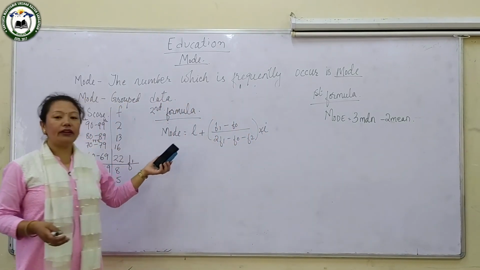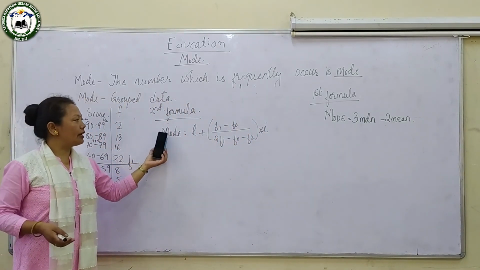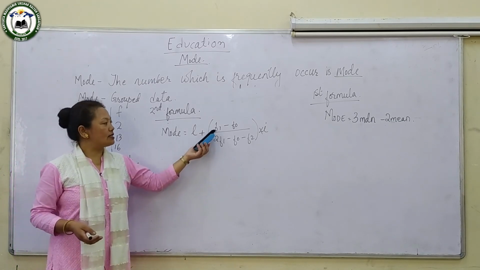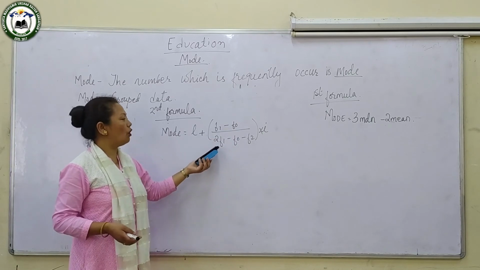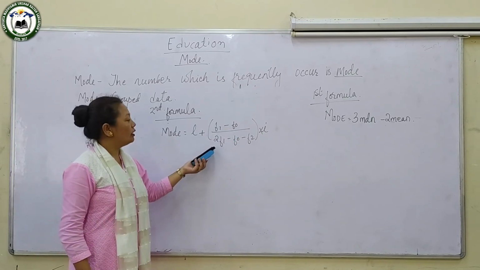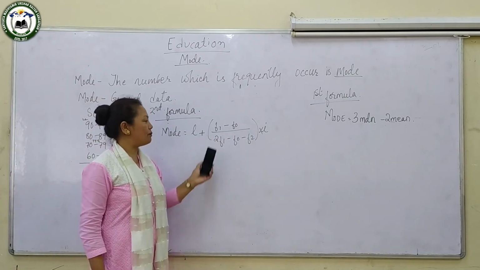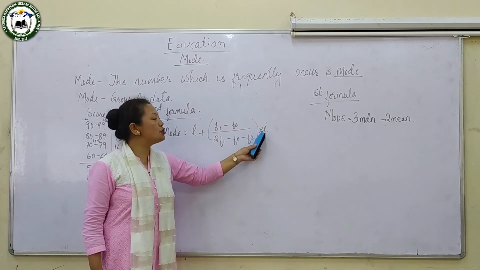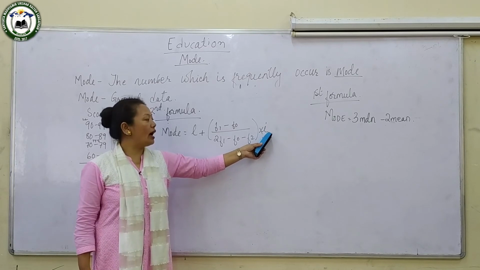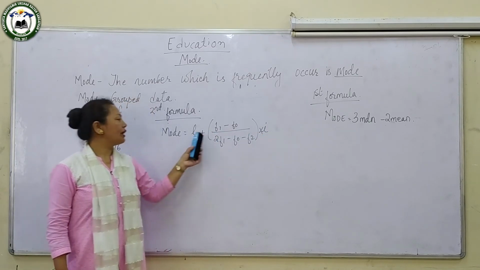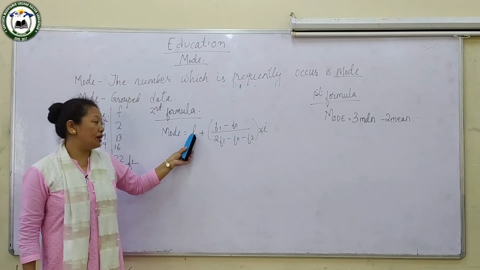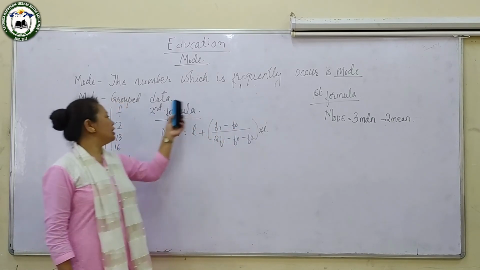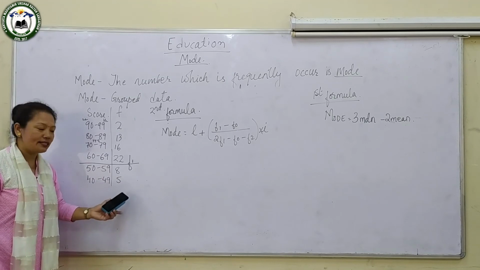Now today there is another formula we will do, that is mode equals L plus F1 minus F0 wholly divided by 2F1 minus F0 minus F2 into I. So I over here is the interval and L is the lower limit. To know about F1, F0 and F2, we need to go to the frequency table.